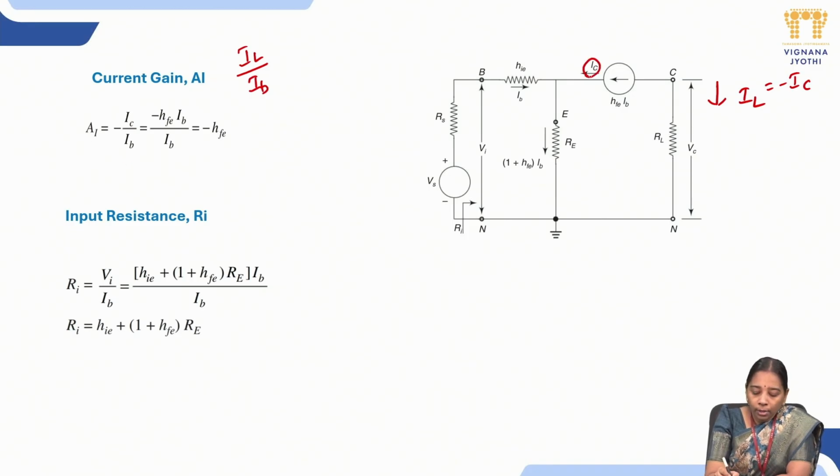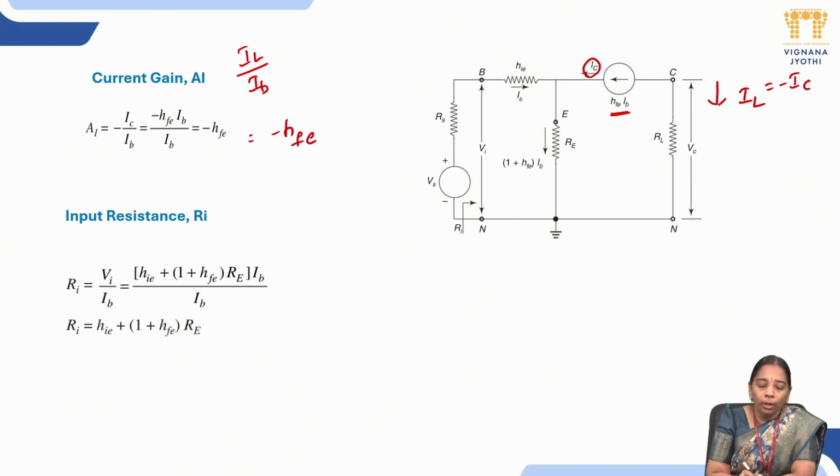Where are we getting this IC? Through this current source, that is nothing but HFE into IB. So we replace minus IC with minus HFE into IB, the IB cancels, and we are left with AI is equal to minus HFE. What can we infer from this? This current gain is independent of RE.